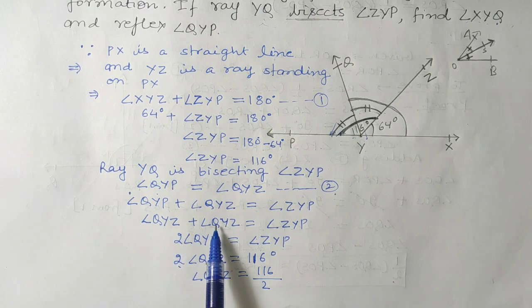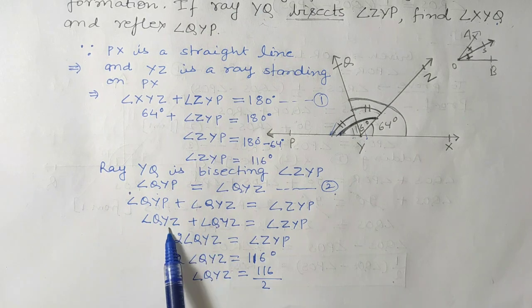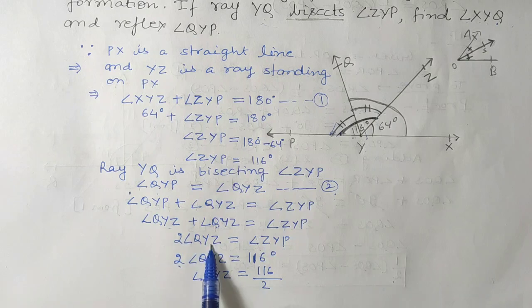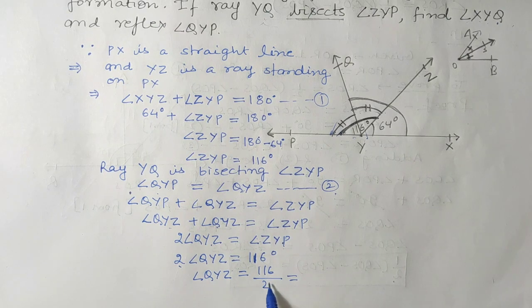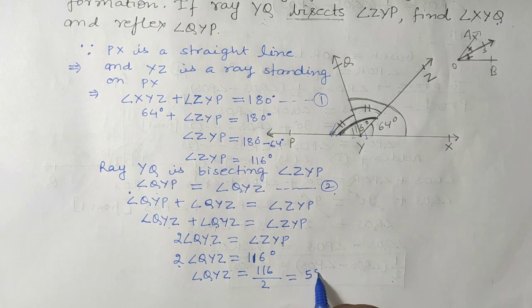See one more time here: angle XYZ and XYZ are there. When we add, this will be 2 times XYZ is equal to ZYP. Angle ZYP is 116 degrees, so here we have written the value of that. After that we have shifted this 2 to the right-hand side, then it will divide. Now angle XYZ will be what? 116 upon 2, that is 58 degrees.